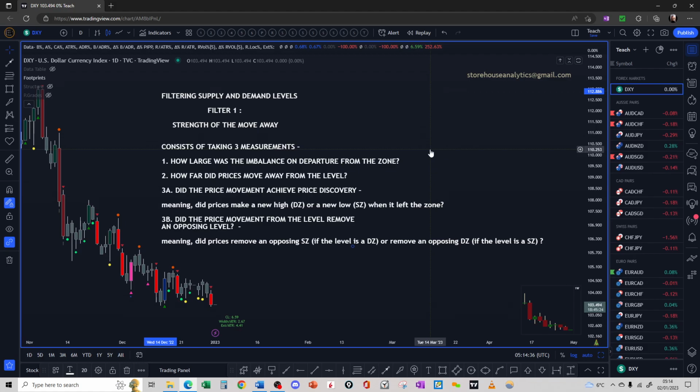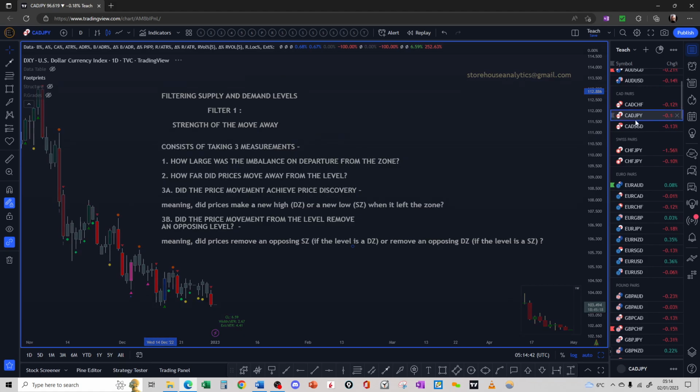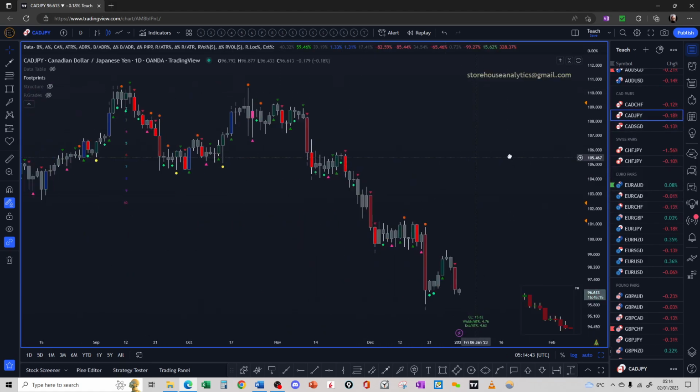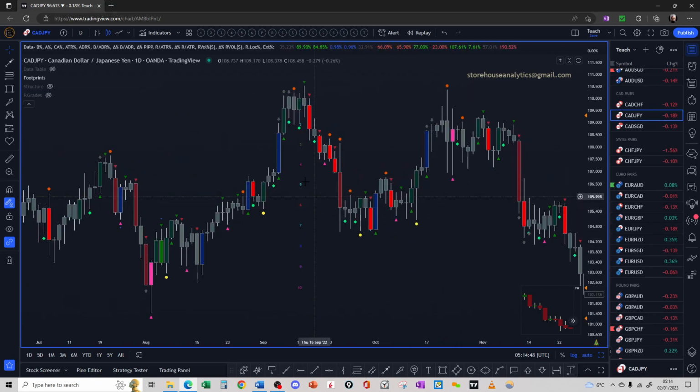Okay. So let's take a look at a few. Let's take a look at CAD yen. Okay, so here is the CAD yen. Here is a supply zone. Let's make that magnet on.